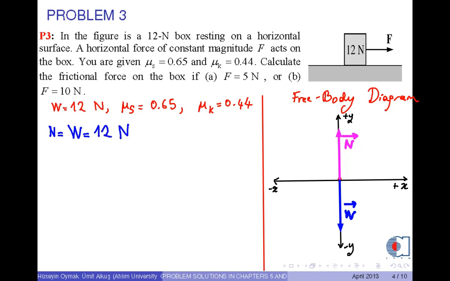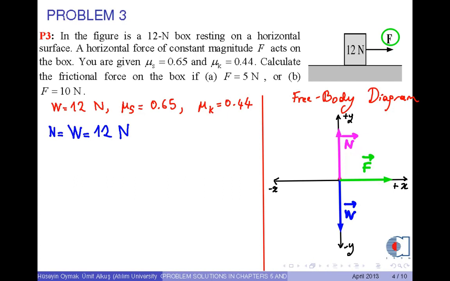Next, the clearly seen external force, which is vector F, is drawn in the positive x-axis. So, from now on, we determine which type of frictional force acts on the object.